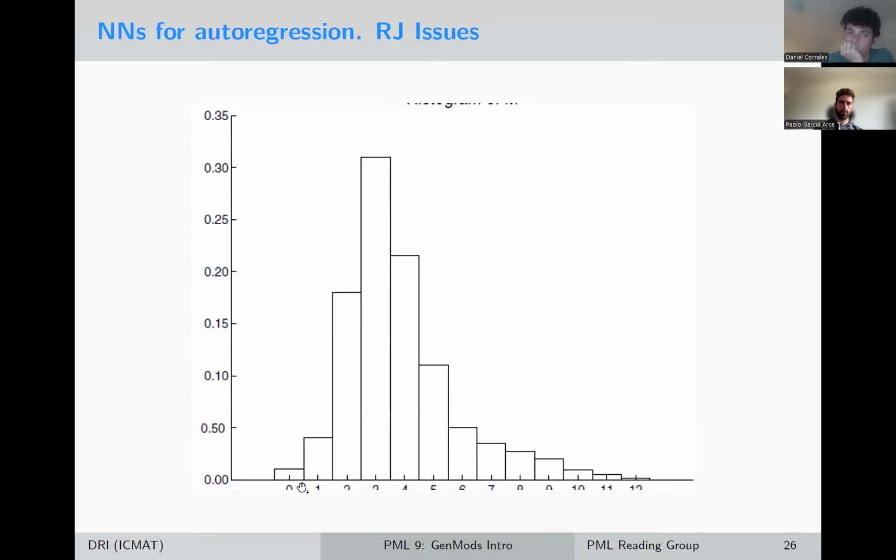For example, this distribution reflects the number of nodes. In this case, it would be suggesting an architecture with between 2 and 4 hidden nodes, and that's useful. It improves predictions, and it has a number of advantages.